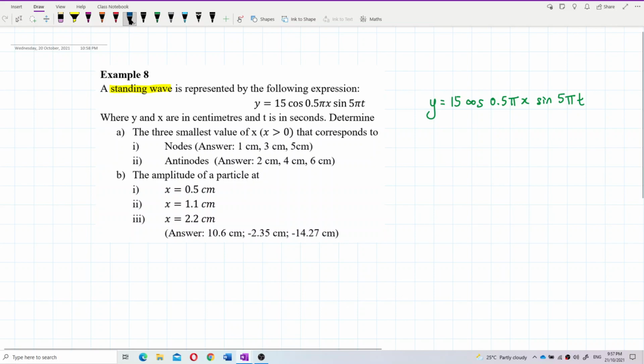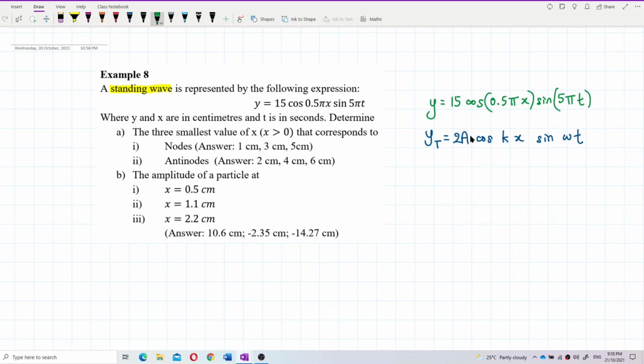So I want to rewrite this formula to compare with the formula given. This is the y total: y total equal to 2a cos kx, and then sine omega t. Put a bracket there. Now you can compare.